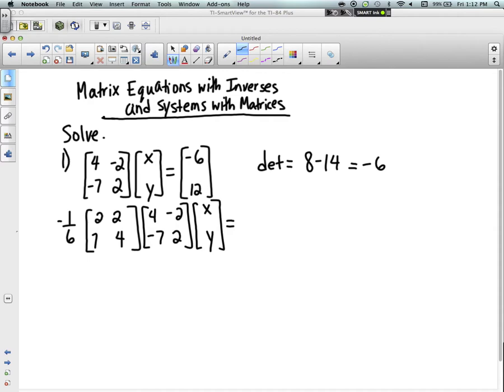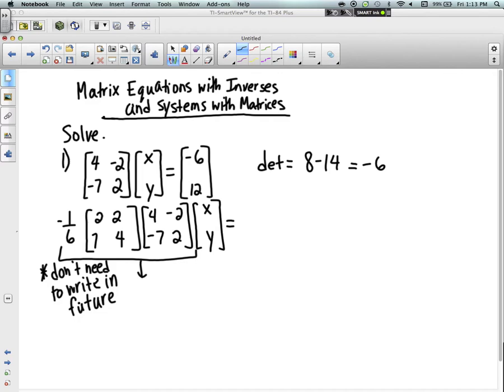I just want to show you in this first example what's happening. So I'll show you in the second example exactly what you need to show for your work.